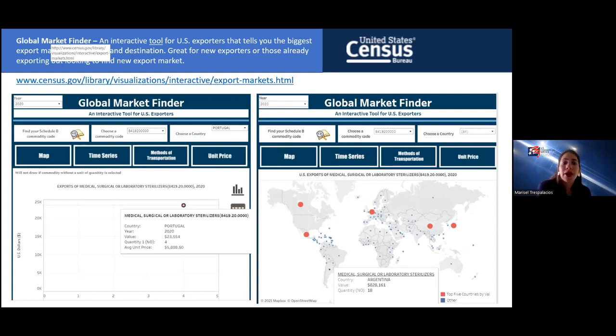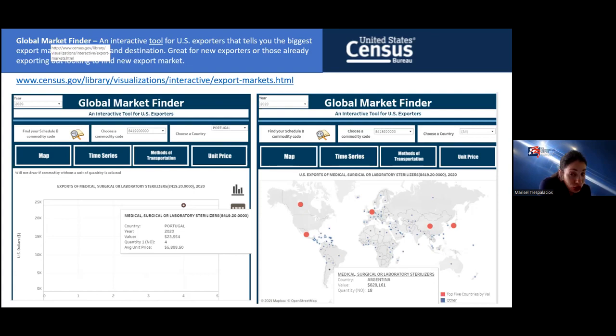So you choose a commodity code. In this case, I used that one, 8419200, a bunch of zeros, and it's exports of medical, surgical, or laboratory sterilizers. Okay, so you click in there and the data.